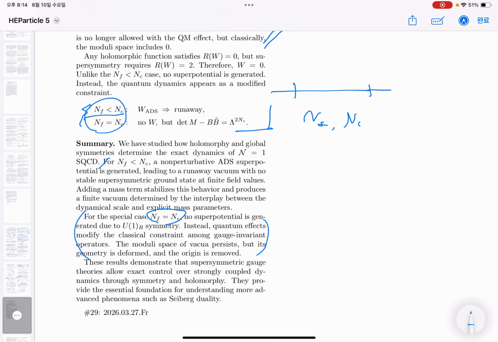So these results demonstrate that the supersymmetric gauge theory SQCD allows exact control of the strongly coupled dynamics by the symmetries and holomorphy conditions, and this was extended to more general ranges between the number of flavors and the number of colors, next time.